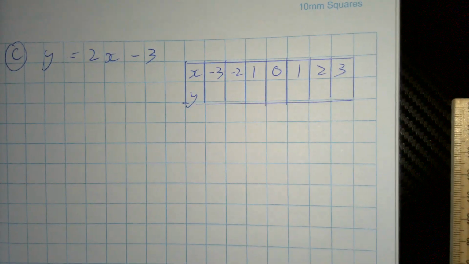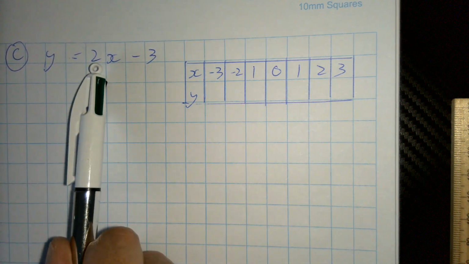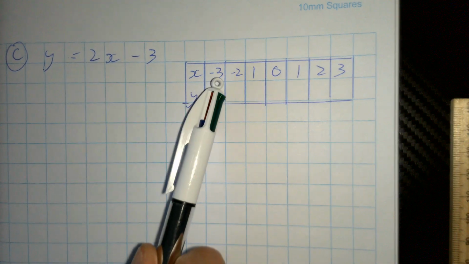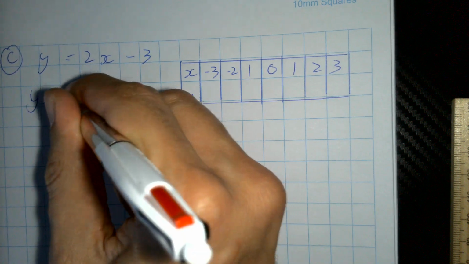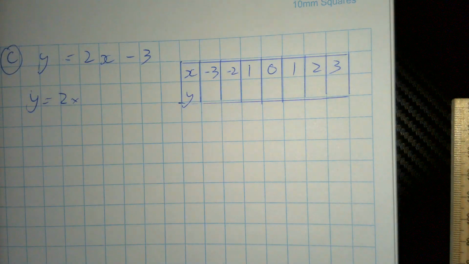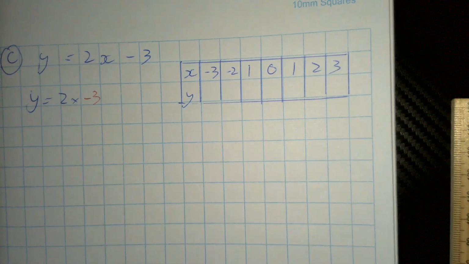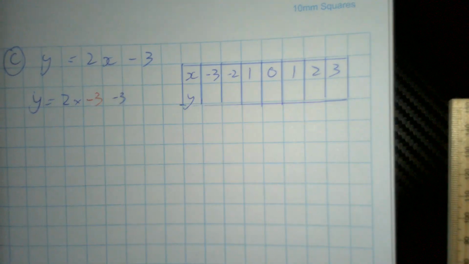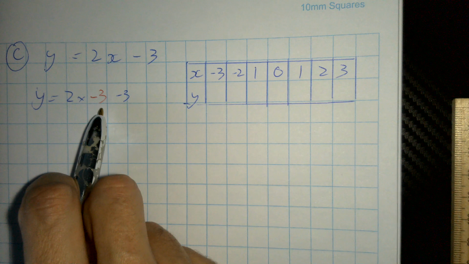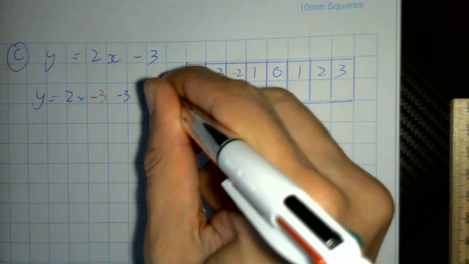Okay, here we go. This time, substituting in the value for x. Instead of it being 2x, which means 2 times x, it's going to be 2 times minus 3. y equals 2 times minus 3, and then continuing on with the equation, like it says here, take 3. I've got to do that next. 2 times minus 3 will be minus 6. Minus 6 take 3 will be minus 9.